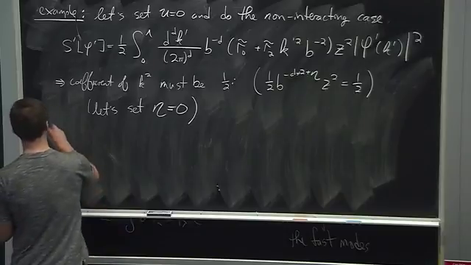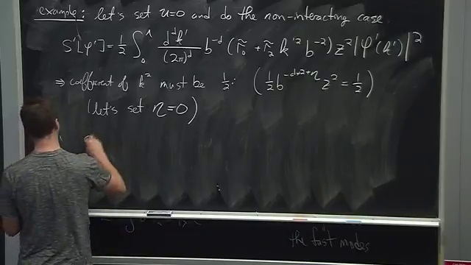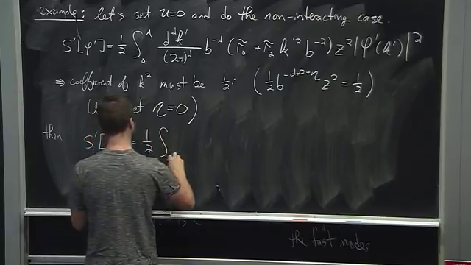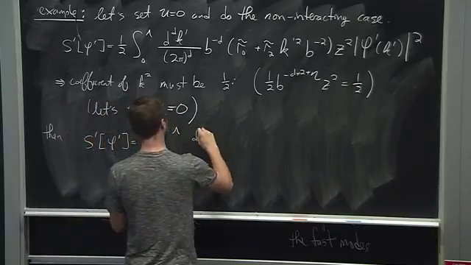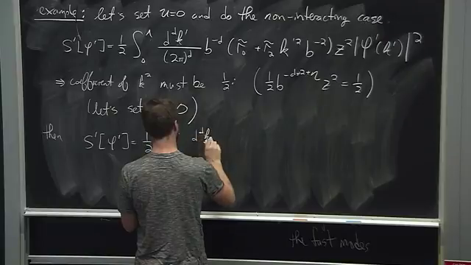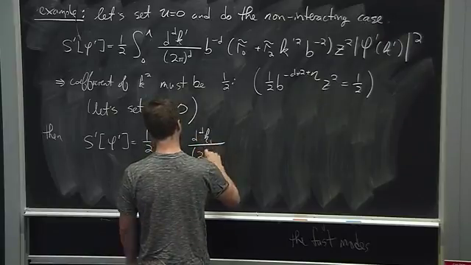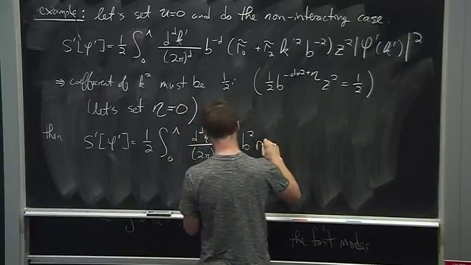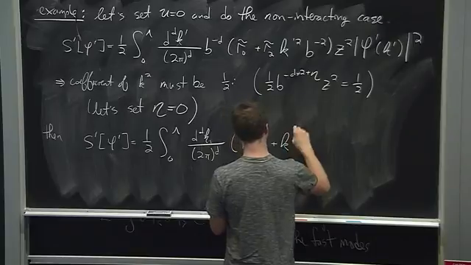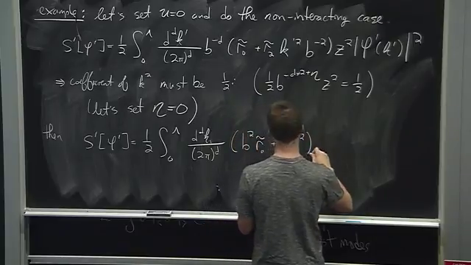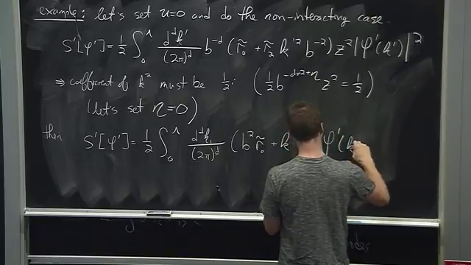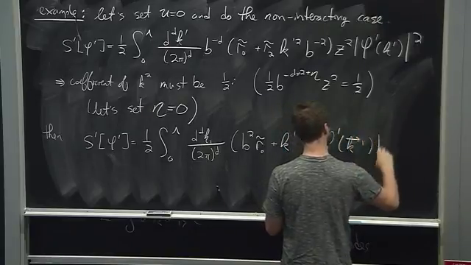So then, putting all this together, only one field, 2 pi d. I got b squared r naught tilde plus k prime squared phi prime k prime squared.